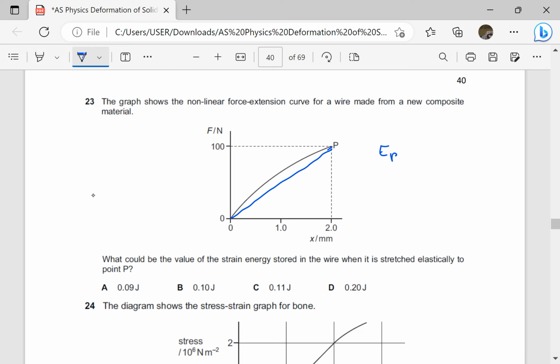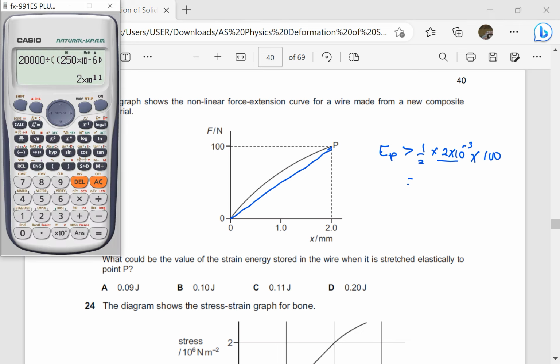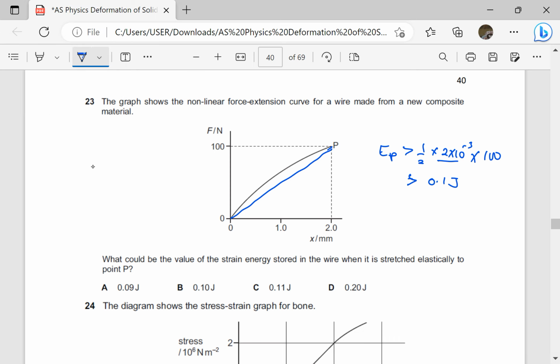The strain energy should be greater than a half times the base, which is 2 times 10 power negative 3 to change it to meters, times the height, which is 100. So 0.5 times 2 times 10 power negative 3, then times 100. The strain energy should be greater than 0.1 joules.